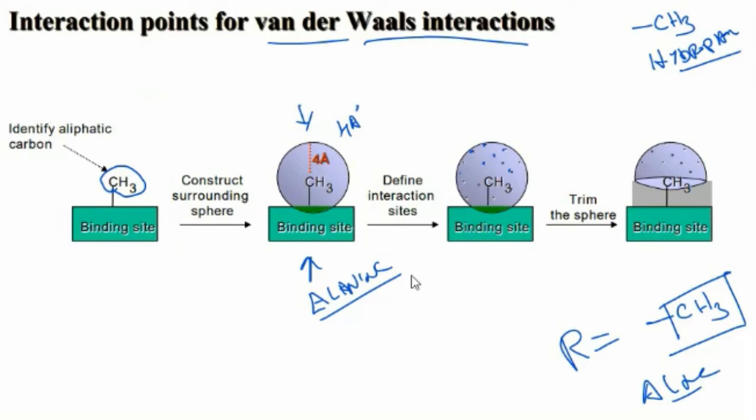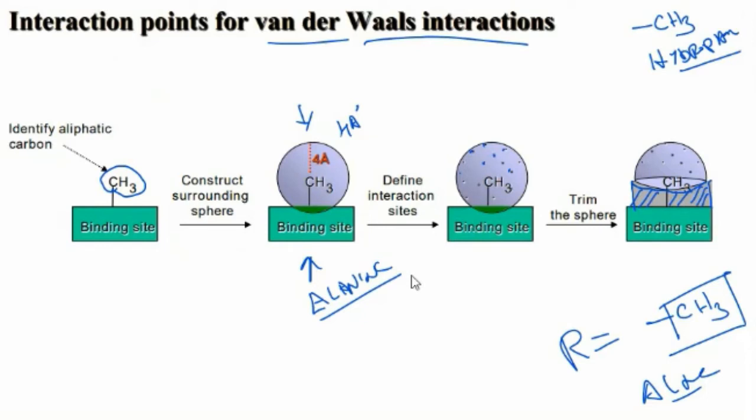So we have to trim the sphere. After making the dots, they trim this region, because if a group is very close, it cannot participate in the van der Waals interaction. So they cut this region. The interacting group should not be present anywhere here.